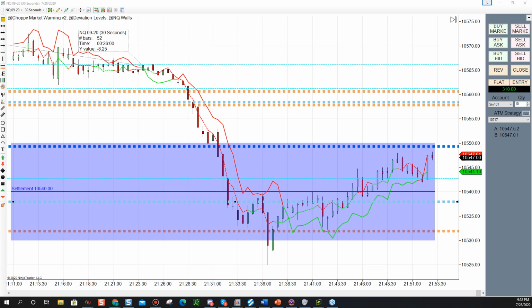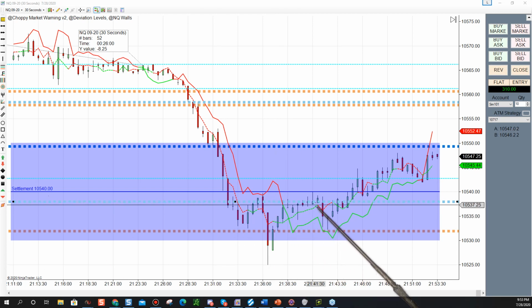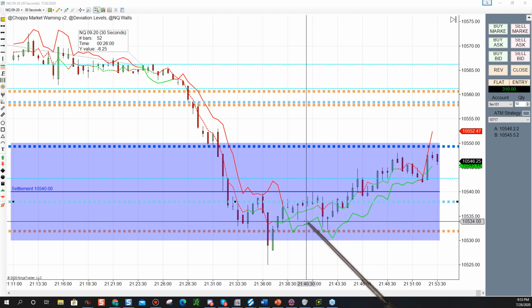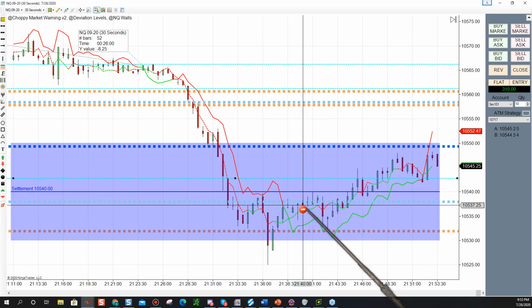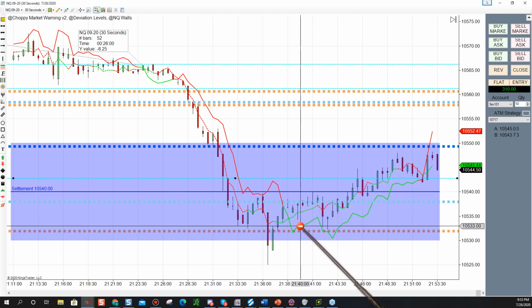So I'm lost on something. Does the stop ever go behind break even? Not once it's at break even, no. So your stop in this case would be right here.